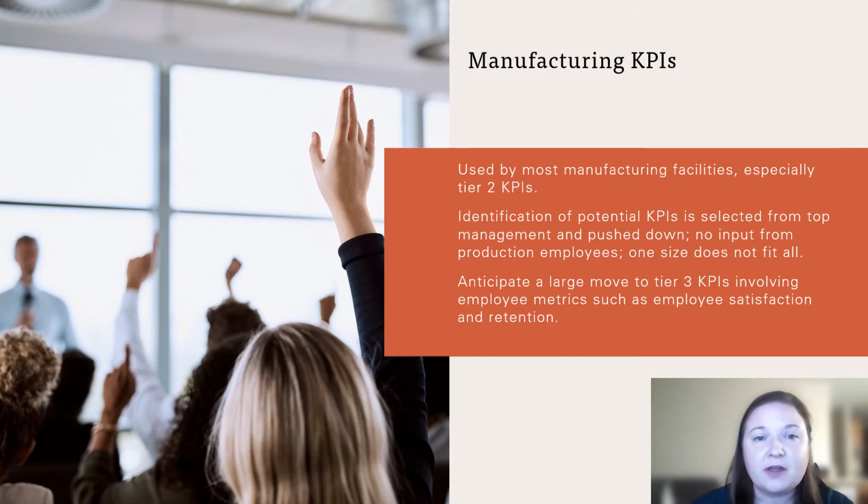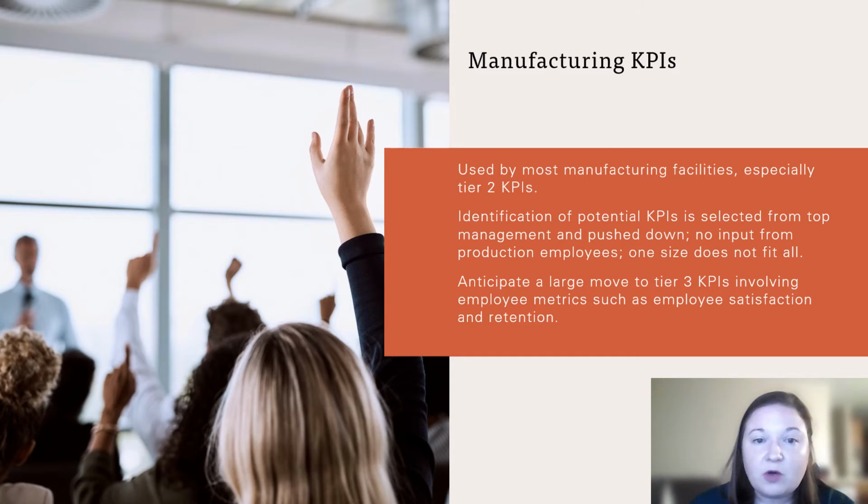KPIs are generally selected by upper management and then rolled out to production workers, and their input and feedback is never gathered. The best way to get employee engagement for a goal is to involve them in the preliminary discussions for selecting KPIs. The employees operating the equipment will often know more about the opportunities for improvement than upper management, and they often have creative and useful ideas for how to make operations more efficient and reliable.